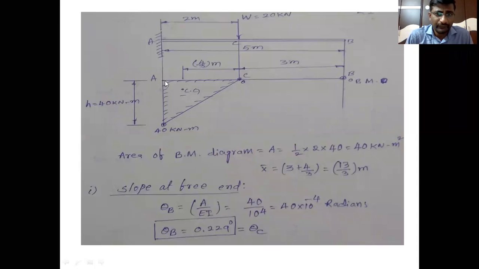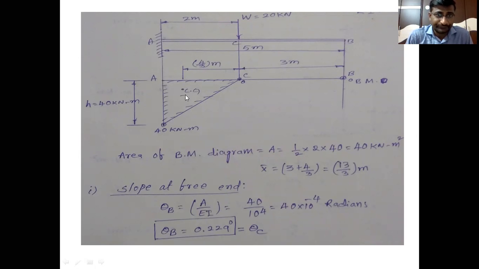So total area of the bending moment diagram is 40 kilonewton meter square, isn't it? The area of the bending moment diagram between B and C is 0. There is no area forming between B and C. So area of this triangle is half into length into breadth of this triangle. We will get the total area 40 kilonewton meter square.